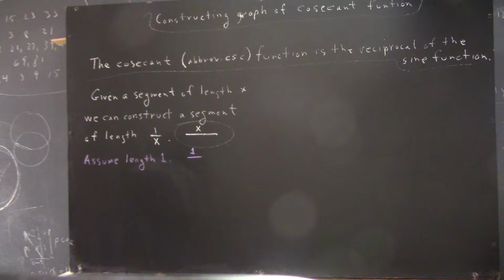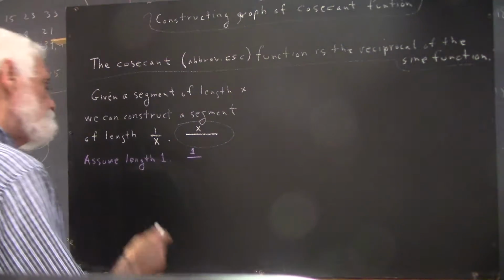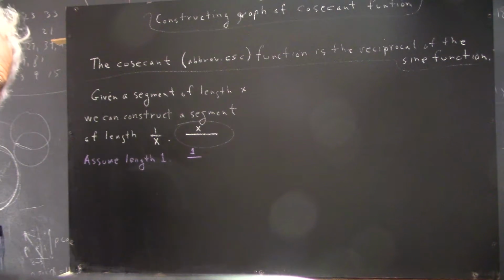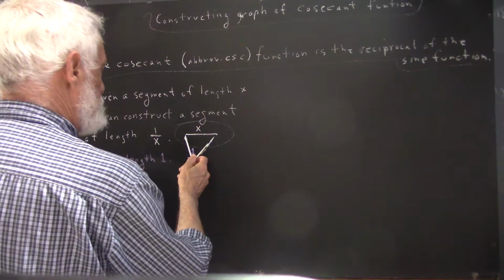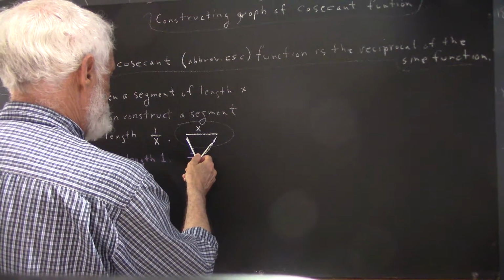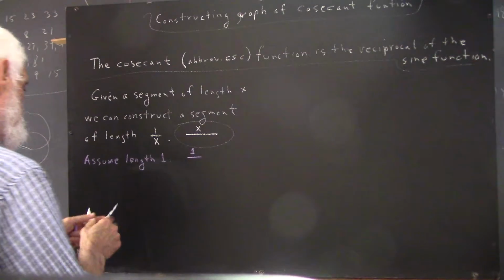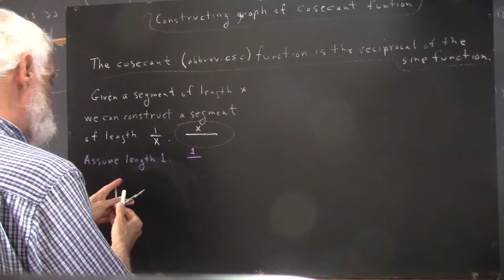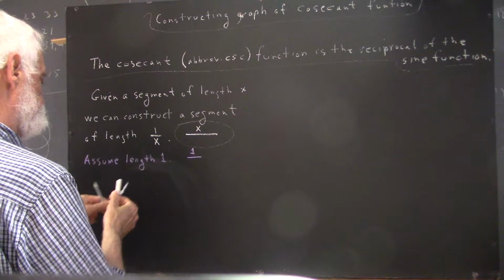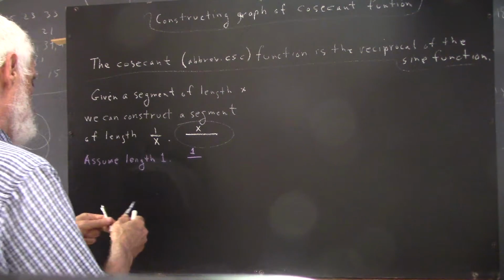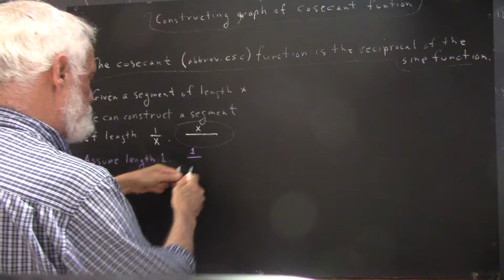Now I'm actually not going to do a detailed construction, but right there is my length x. I think I want to start with my length 1. Okay, I don't want to start with x.